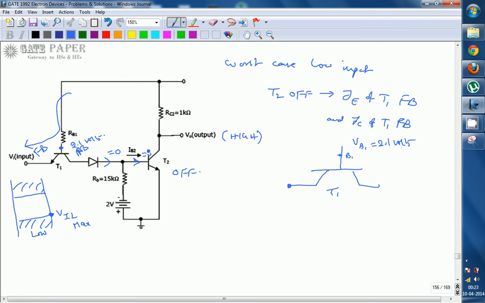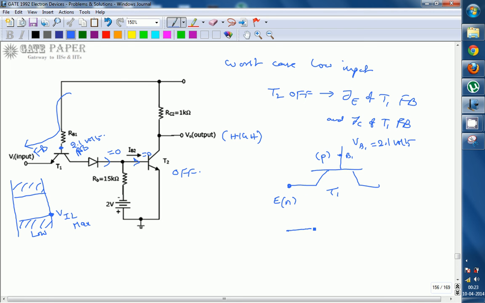So what is the maximum voltage you can apply across the emitter, such that the emitter base junction is forward bias? To make the emitter base junction forward bias, this is the emitter. You can think of it as an NPN transistor, so this is N type and this is P type.